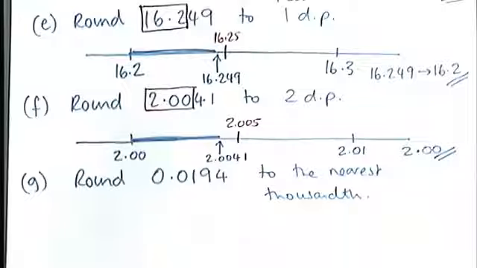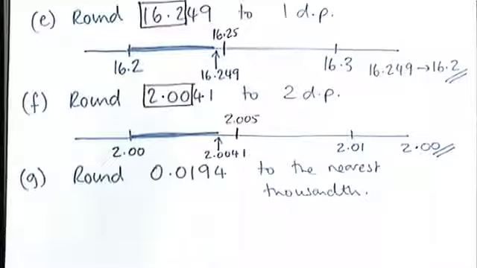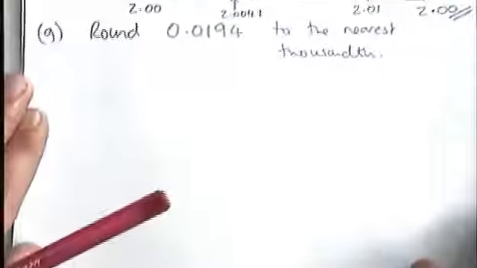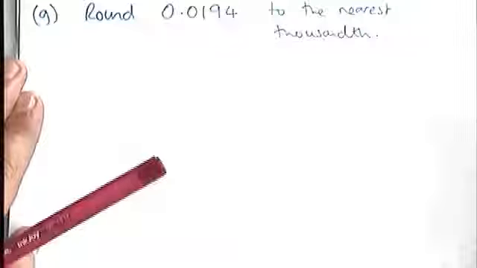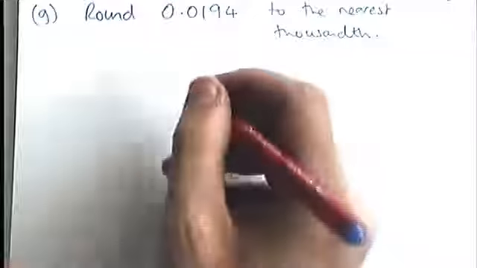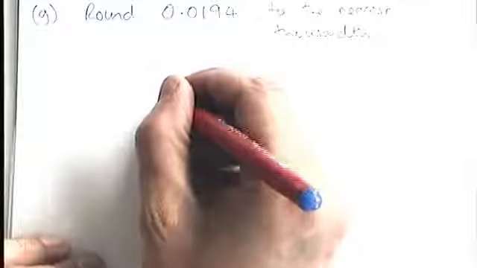And last of all, we've got round 0.0194 to the nearest thousandth. Okay, so I've changed the wording here. No longer talking about decimal places, talking about thousandths. And what you have to know for this is that numbers work like this.